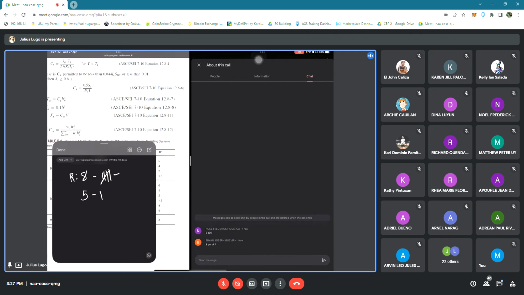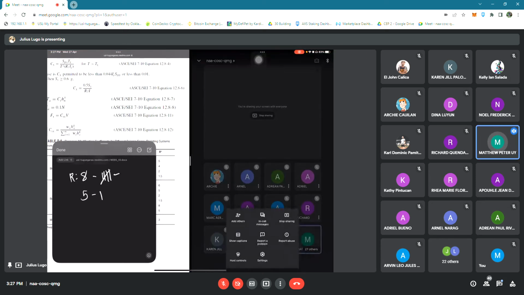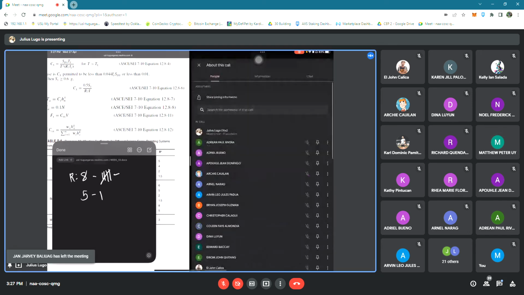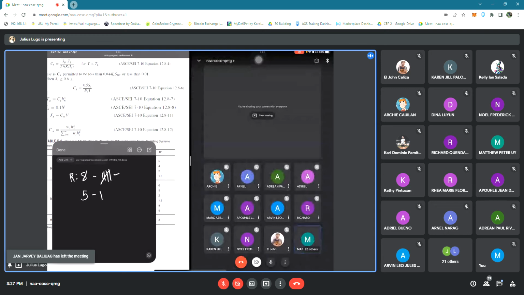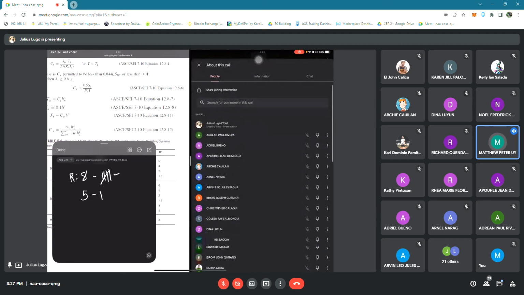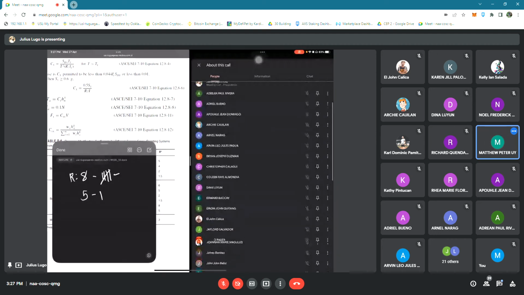The problem is a microphone. Sir, di ba kasi gumagana yung mic ko, sir? Sino yung sumasagot? Sino to? Guzman, sir. Eh, kasama ko pa kasi si Matthew. Sorry po.